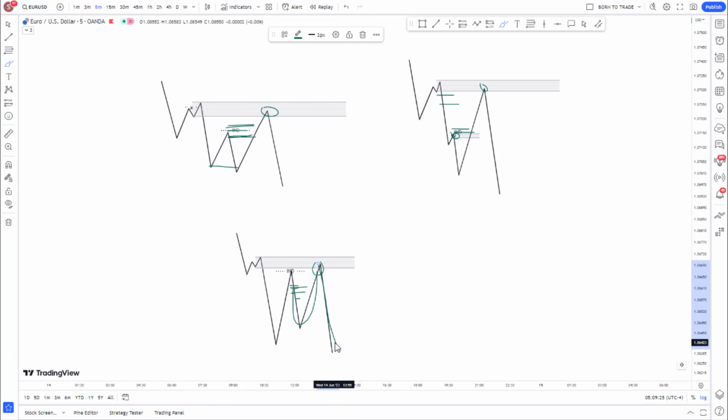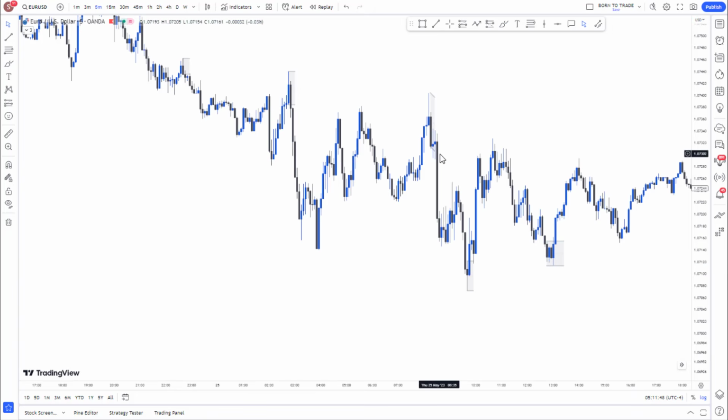Okay, so I'll show you live examples now, and I hope you get a better understanding of what inducement means. So this is Euro USD, the 5 minutes chart, and I will use it to explain exactly what inducement is, so you have a better understanding of how you can actually identify inducement on the price chart.